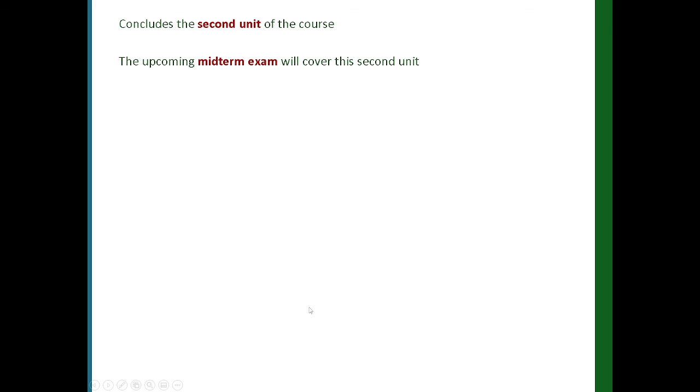Okay, well that's going to conclude the second part of the course, and that means that the upcoming midterm exam will cover all of the material we've been over the past, I think, 5 or 6 weeks, the middle chunk of the course. I think this was a harder part of the course relative to the first chunk, particularly as you had to cement some of those ideas of probability that we covered in the first part, and take them further by formally testing these hypotheses.